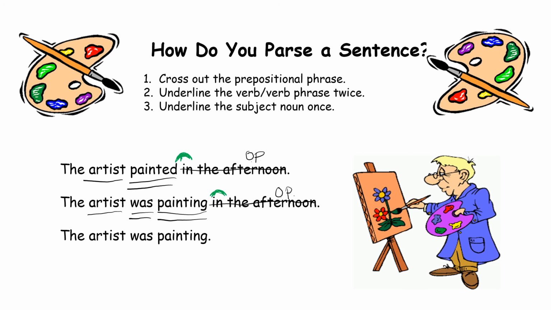Underline the verb and verb phrase twice. We know that painting is our main verb and was is our helping verb, so we underline those twice. Again, we don't use our big red ball that we used when we were little. Artist is our subject noun, and that is to the left. And that is it. You've just parsed some sentences.